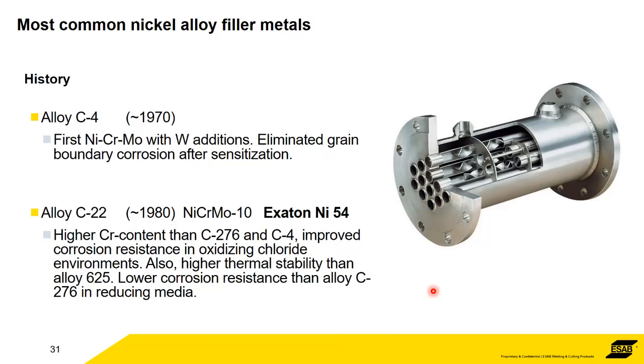Alloy C22 has a higher chrome content than C276 and the C4 that were produced prior to that. It's got a higher thermal stability, however, a lower corrosion resistance in reducing media.